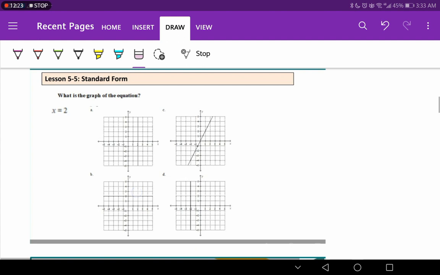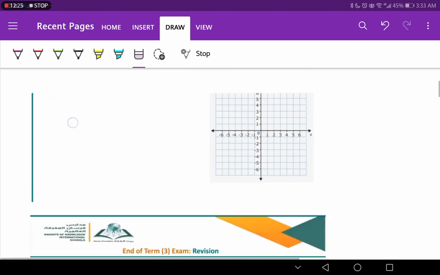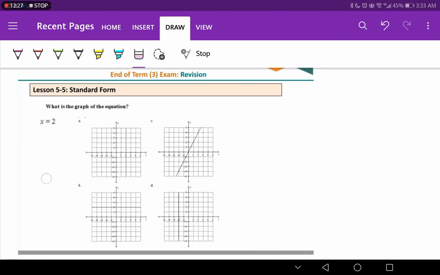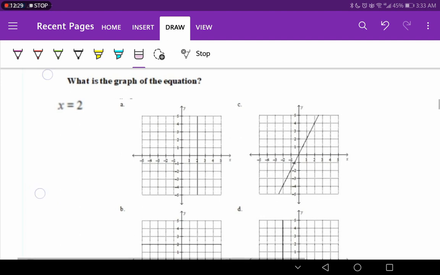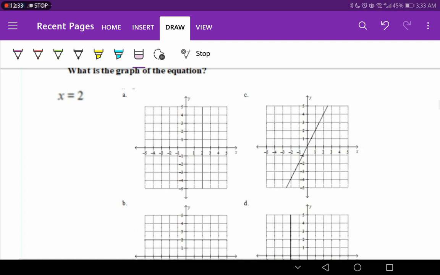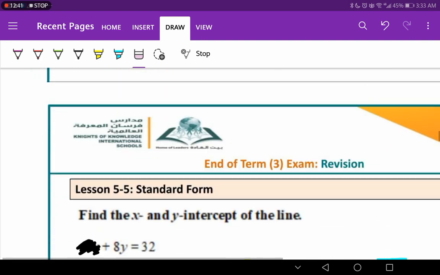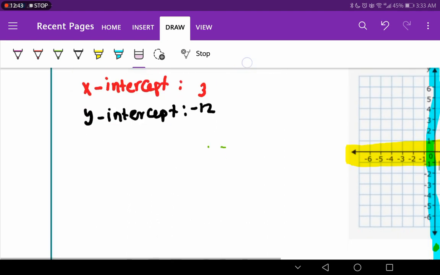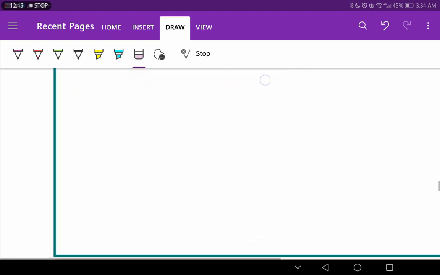Let us move here. It is a very important question. We have here, what is the graph of x equals 2? Before I come here, let me explain something else to make your life easier.